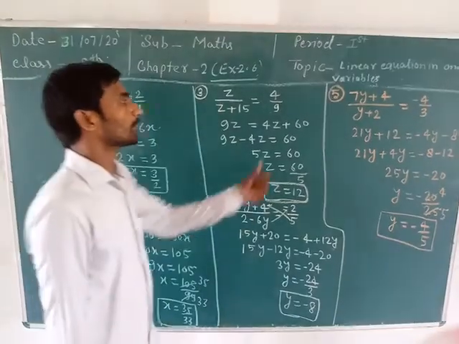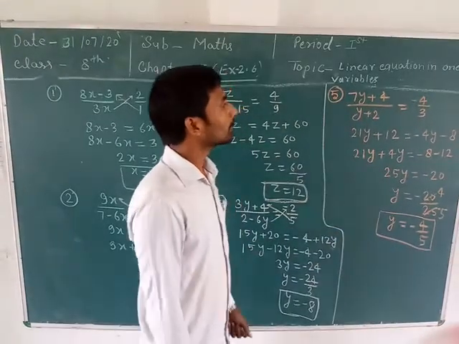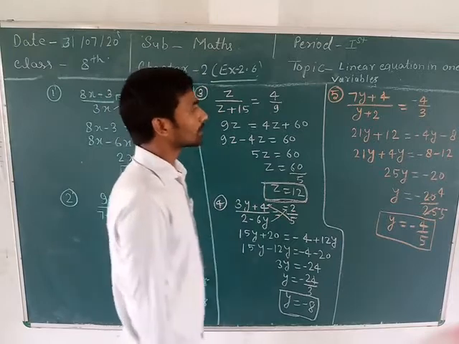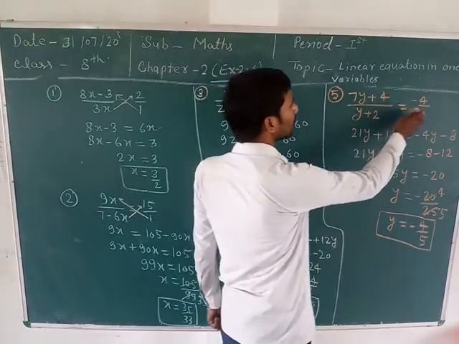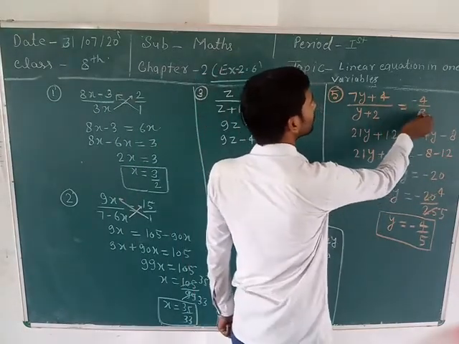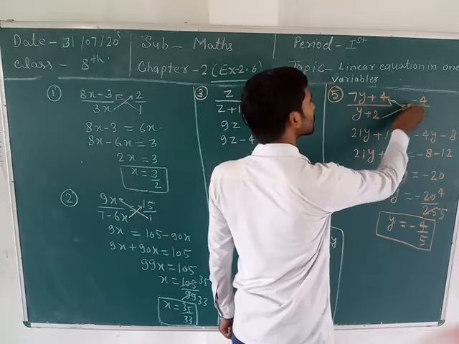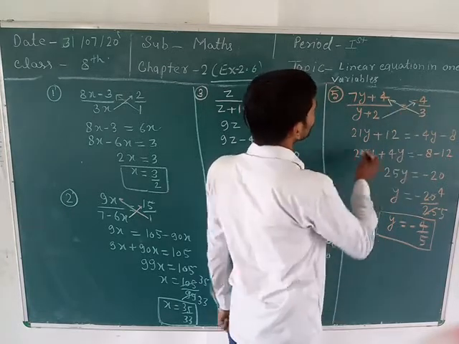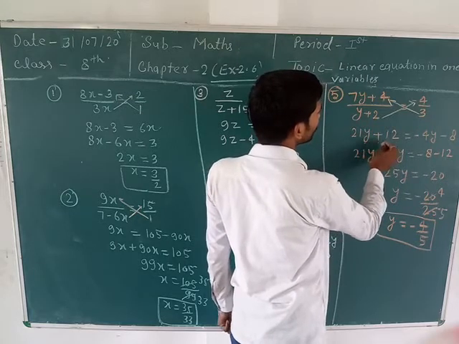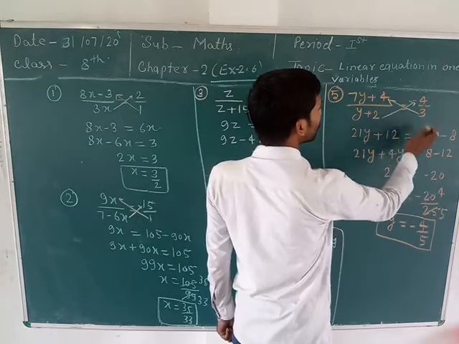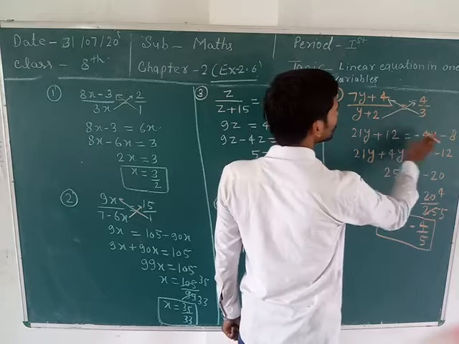Now question number 5 is given as (7y plus 4) upon (y plus 2) equal to minus 4 upon 3. Then by cross multiplication we have 3 times 7y is 21y plus 3 times 4 is 12, equal to minus 4y minus 4 times 2, which is minus 8.